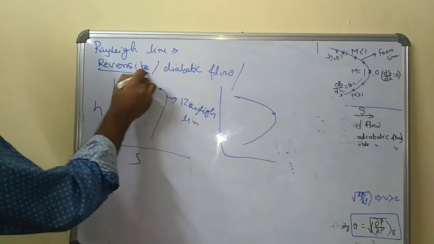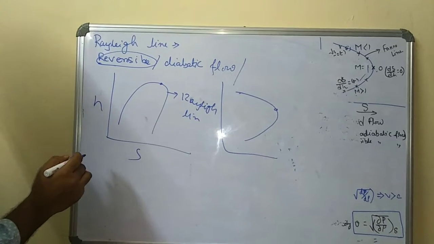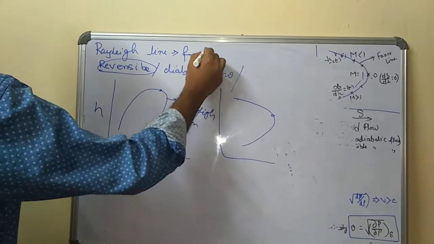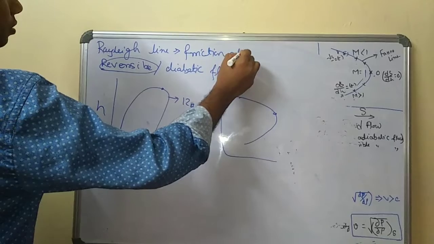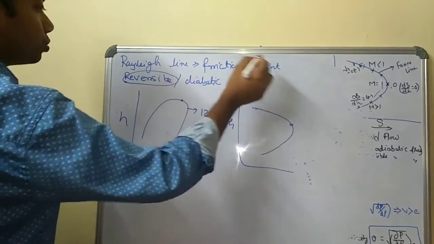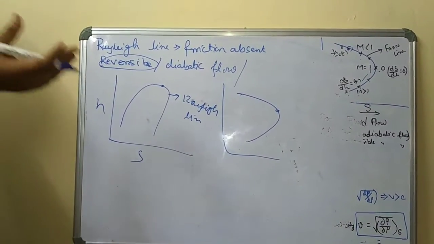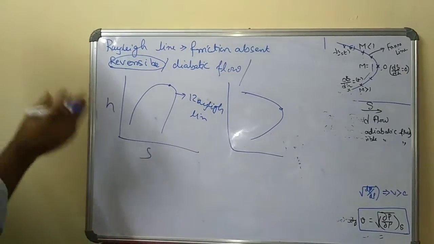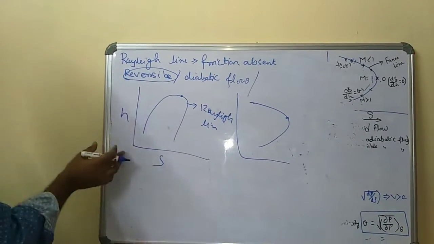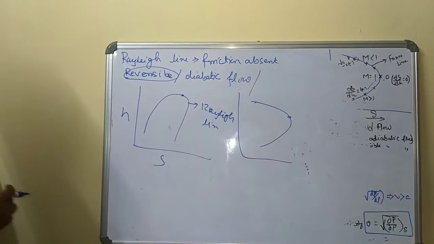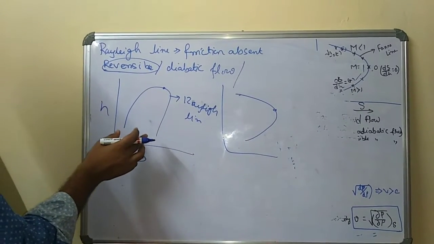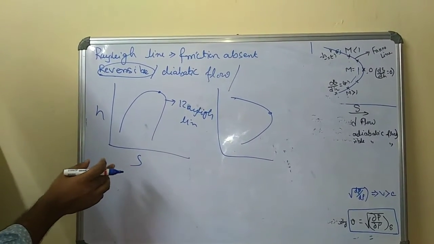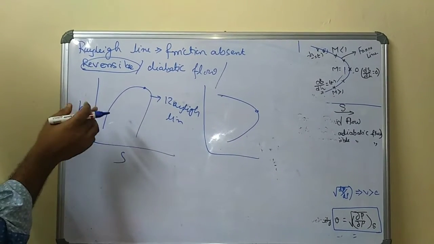It is basically reversible, and we consider that friction is absent. If you apply this condition to the continuity equation, the energy equation, as well as the momentum equation, then you get this type of curve, which indicates a reversible, diabatic type of flow, the Rayleigh line.